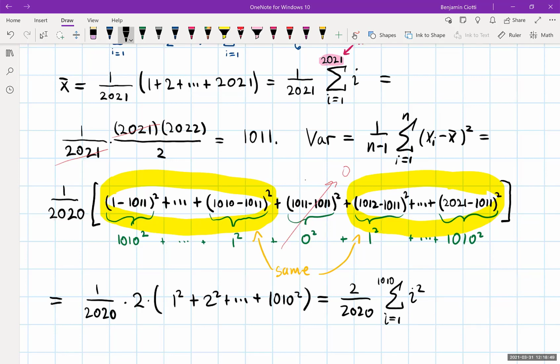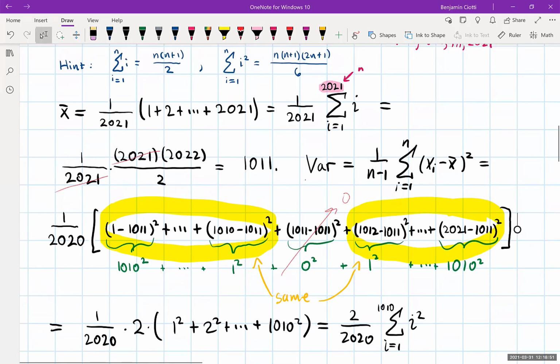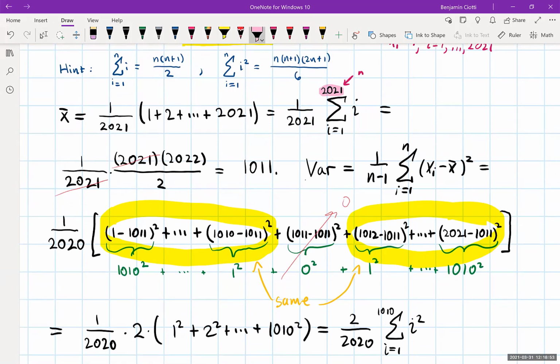And now you can see why I gave you that other formula for the sum of the first n squares right there. So let's apply that formula. And now we see that what I was calling n is 1010.